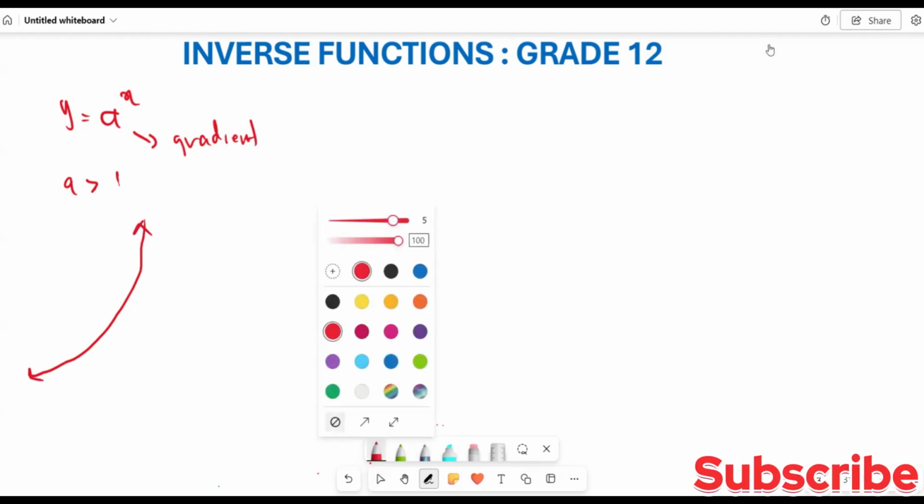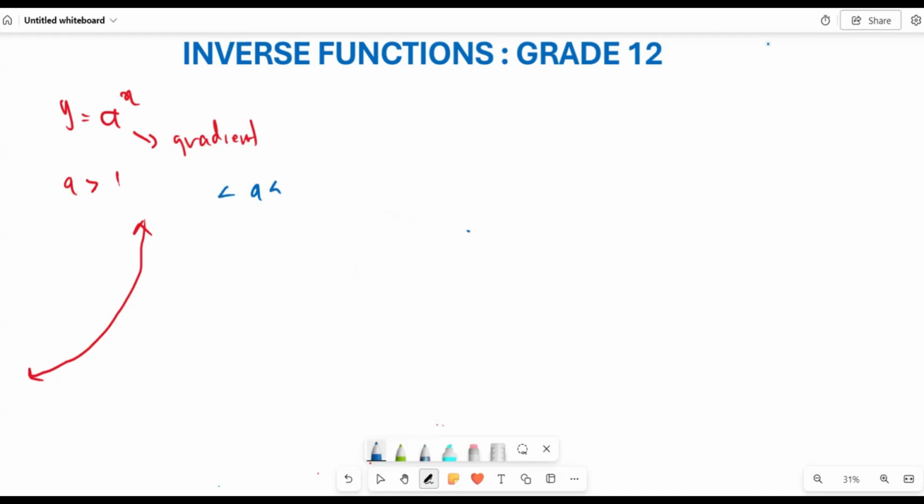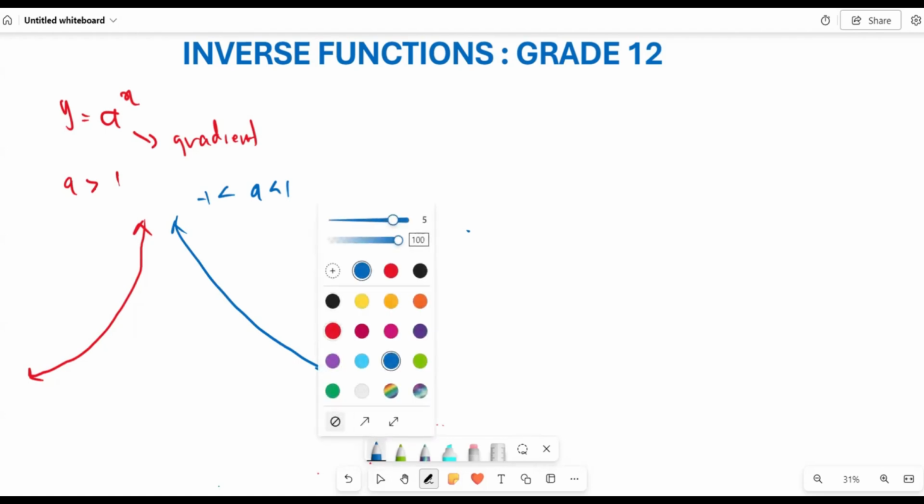And we also have our a in between -1 and 1, and then our line is going to be slanted in this particular position.